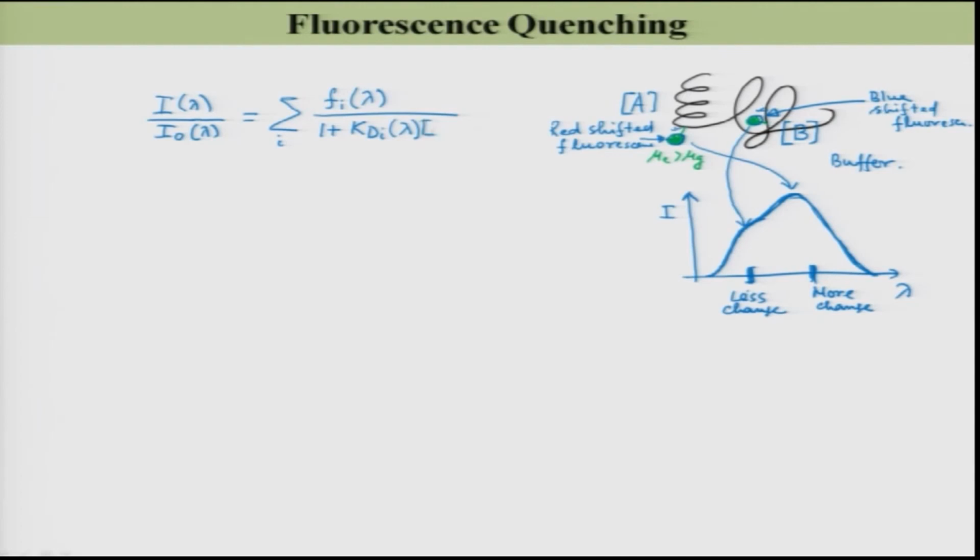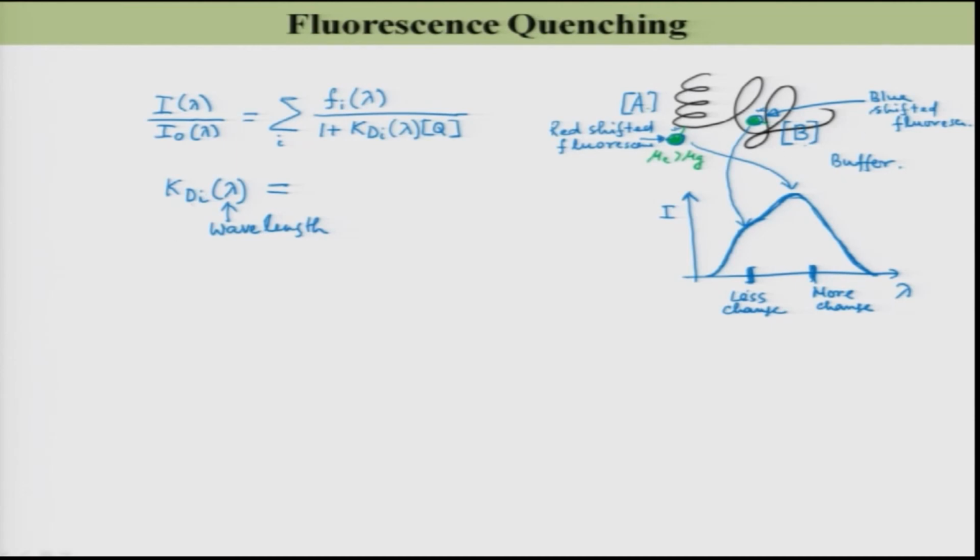So, I can write this as Kd i lambda. Whether this Kd i lambda depends on the wavelength or not, that is my question. Here Kd i is for the ith one; it could be A, it can be B, and if you have multiple, then C, D, and so on.